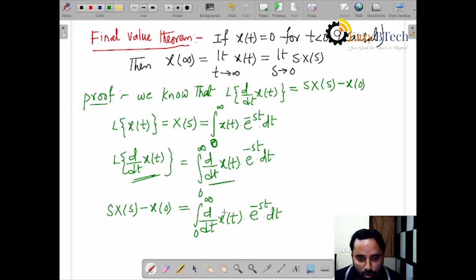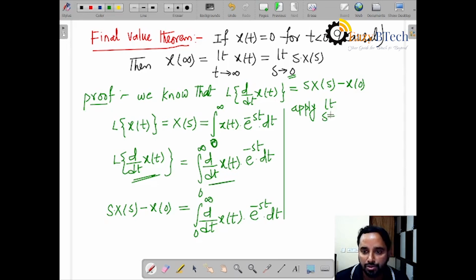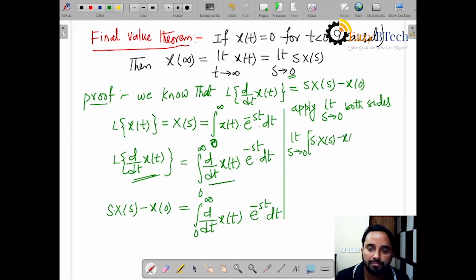Now on both sides we are going to apply limit s tends to 0, since it is the final value theorem. So on the left side we have limit s tends to 0 of s into X of s minus x of 0.